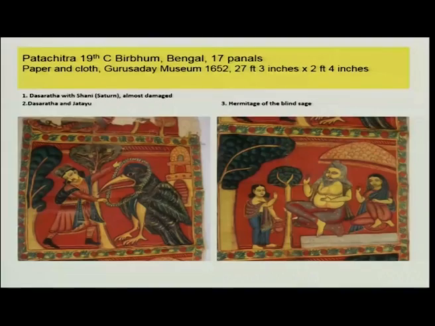So in the first frame we see Dasharatha with Shani, the Saturn. This part is almost damaged, so it's partially shown on top of the frame, in a damaged condition. What we see in the plate at the beginning is Dasharatha and Jatayu, and then the hermitage of the blind sage.